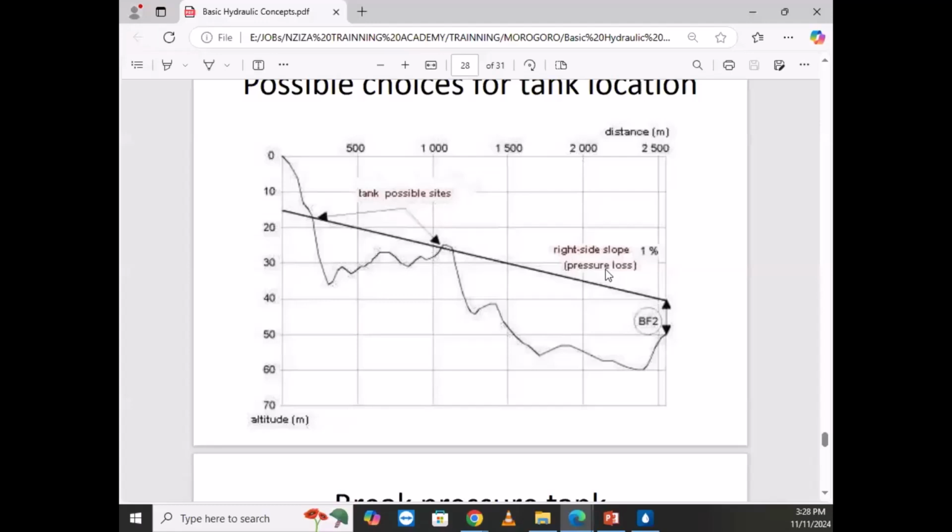Because here is the supply, so my distribution line will not be covering a large distance from the supply. Okay, the transmission will be long, but the distribution will be shorter.